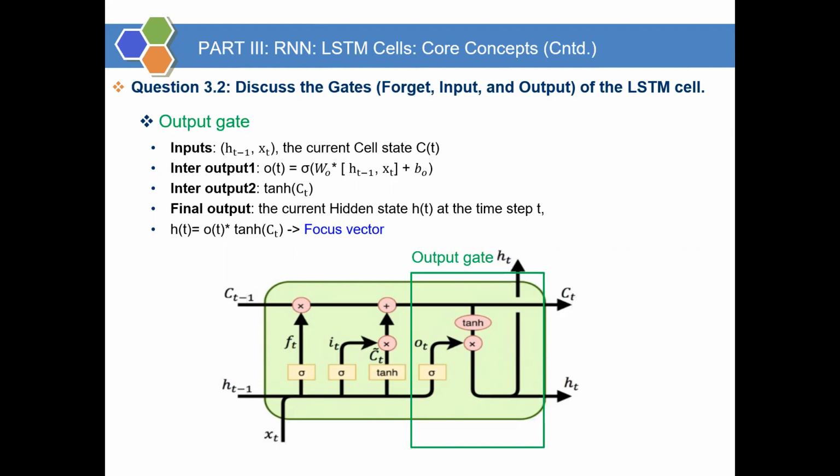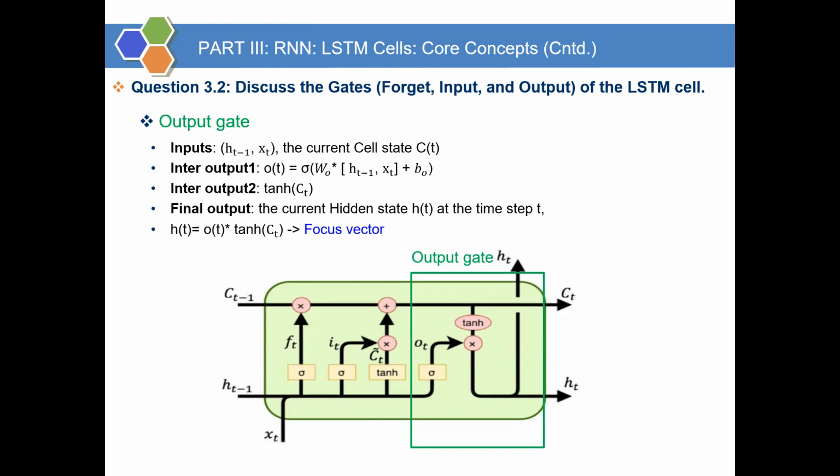The output gate also reviews the inputs by sigmoid function to decide what information from the inputs is relevant and produces OT. Next, the modulated new current cell state is multiplied by OT to produce the hidden state at time t.